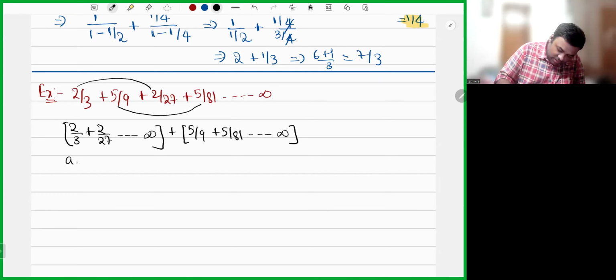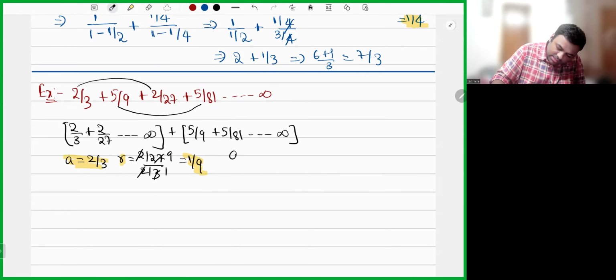What is the first term? 2 by 3. Common ratio T2 by T1, 2 by 27 divided by 2 by 3. 2 cancels. 3 ones, 3 nines. 1 by 9. So we got A, we got R.